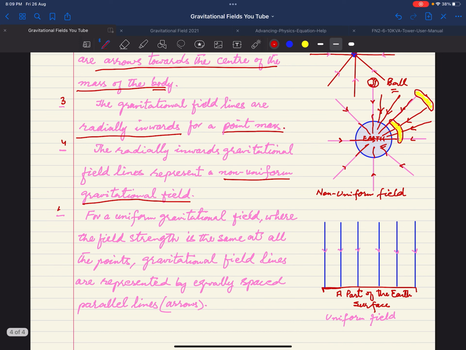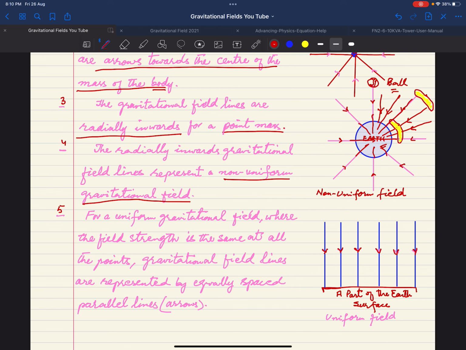If you are considering a surface or part of the earth's surface, then from a long distance you can say the lines are coming radially, but if you consider only a part of the surface, you will see that these lines are parallel to each other.